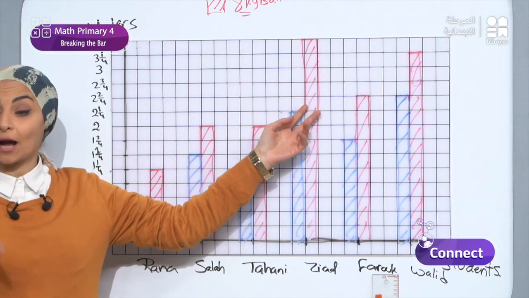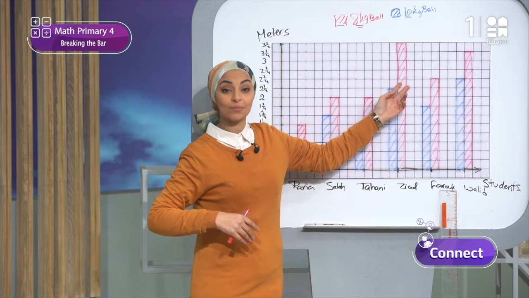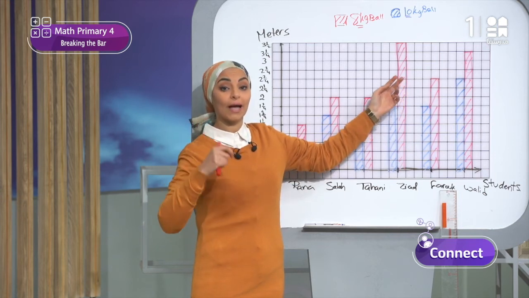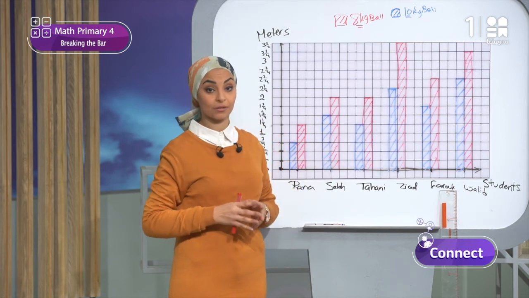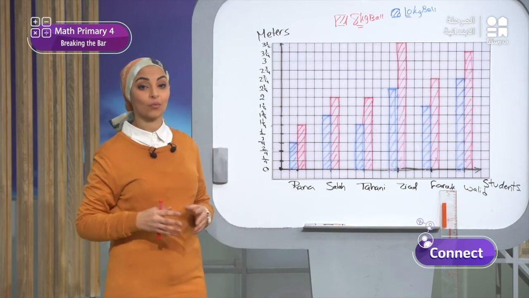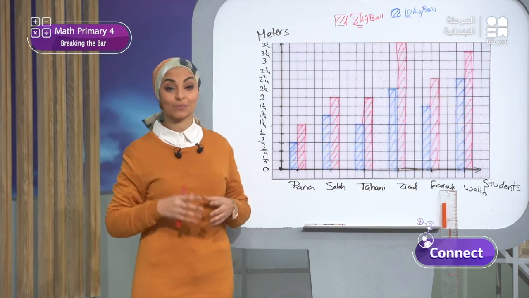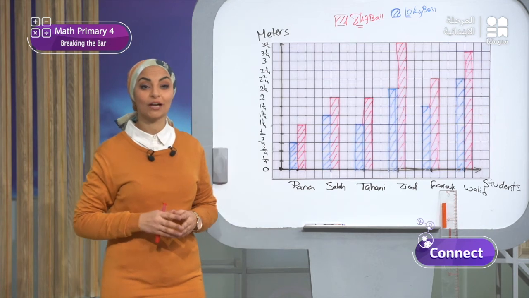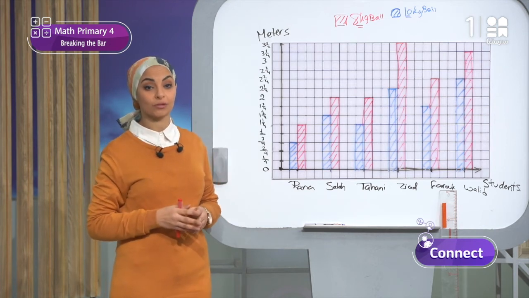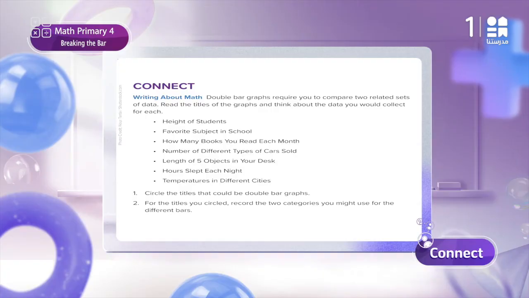If we calculate the difference, we find that it is 1 and 1/4 meters. It's very big. After drawing the graph and answering the questions about Omar and Malik's experiment, let's now go to Connect, part on page 127, and start with Writing About Math. Let's see it together.